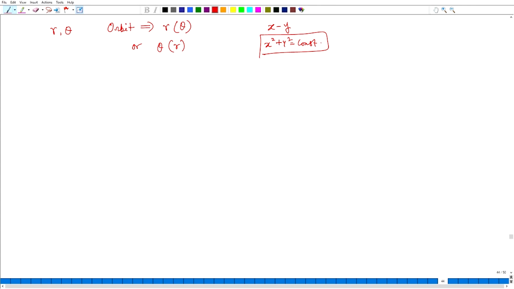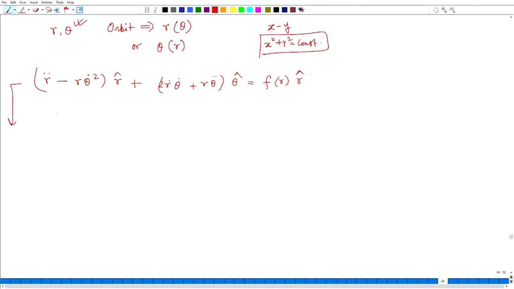Before even going to the general treatment with the orbits, I will first take this equation, (r double dot minus r theta dot square) r cap plus (2 r dot theta dot plus r theta double dot) theta cap is equal to f r cap. Okay. I will now just try to see which type of feature a circular orbit can give.